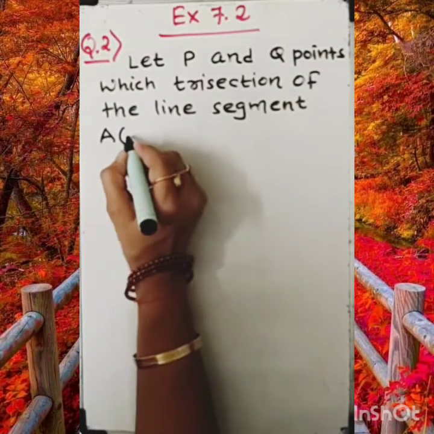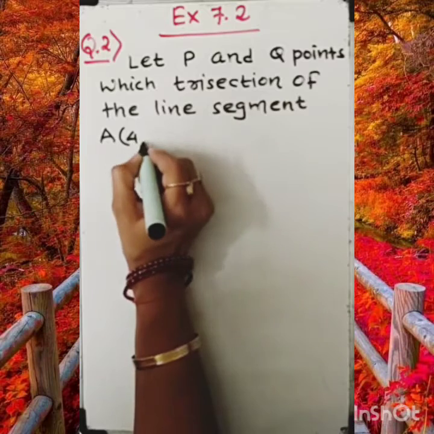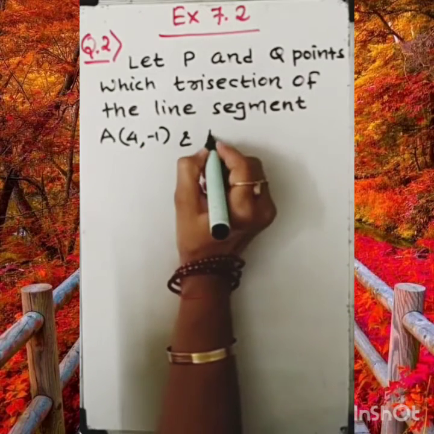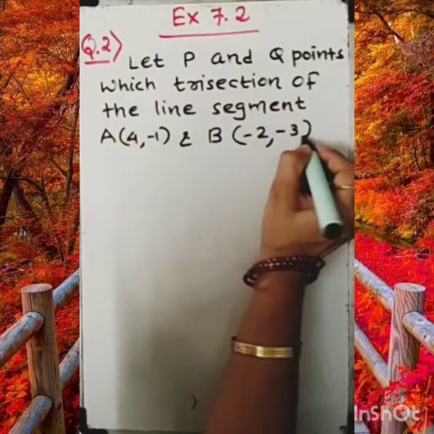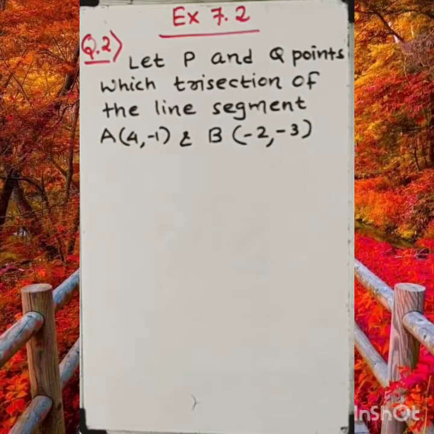The coordinate of A is (4, -1) and the coordinate of B is (-2, -3).